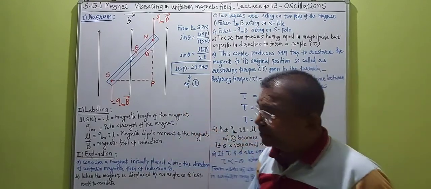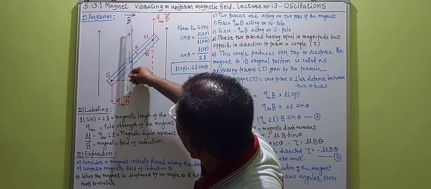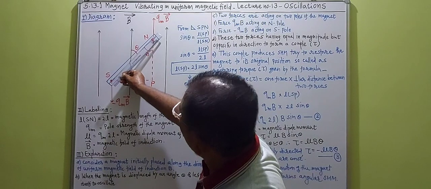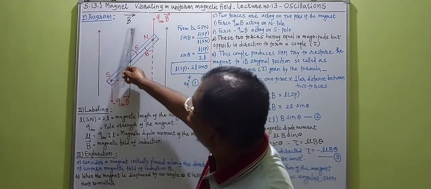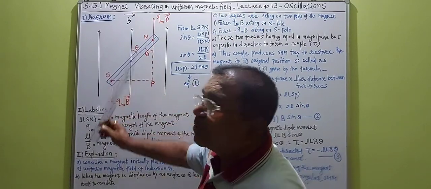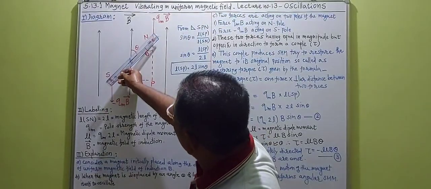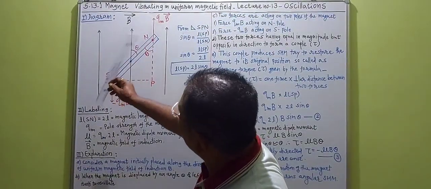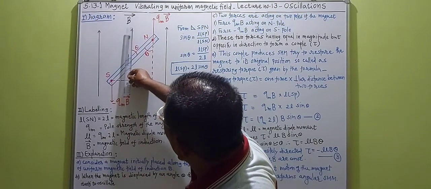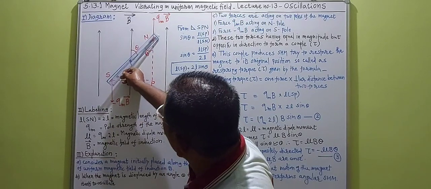Then observe the diagram. The deflecting torque acts in the anti-clockwise direction, while the angular displacement is in the clockwise direction. So the deflecting torque and the angular displacement theta are in opposite directions. I will repeat again: the deflecting torque acts as a restoring torque. This restoring torque is along the anti-clockwise direction, while the angular displacement is along the clockwise direction.